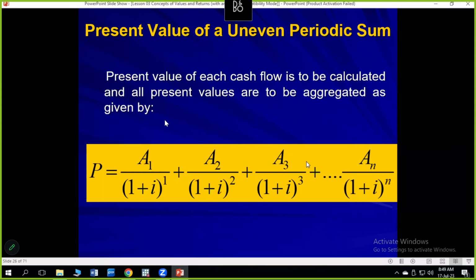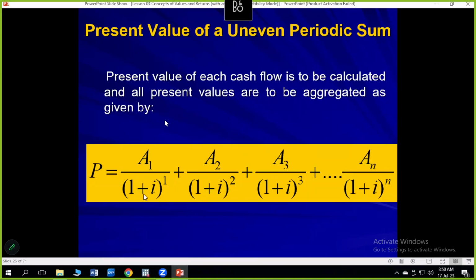So you apply a series of the present value of lump sum. Every uneven cash flow is marked as cash flow 1, cash flow 2, cash flow 3, something like that. You can add them. It should be divided by the present value factors.